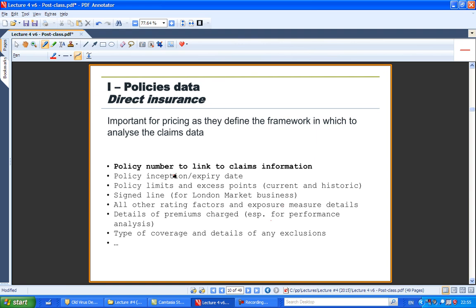In the case of reinsurance, you do have a single reinsurance policy between the reinsurer and the reinsured, but the reinsured is often reinsuring a number of underlying policies.